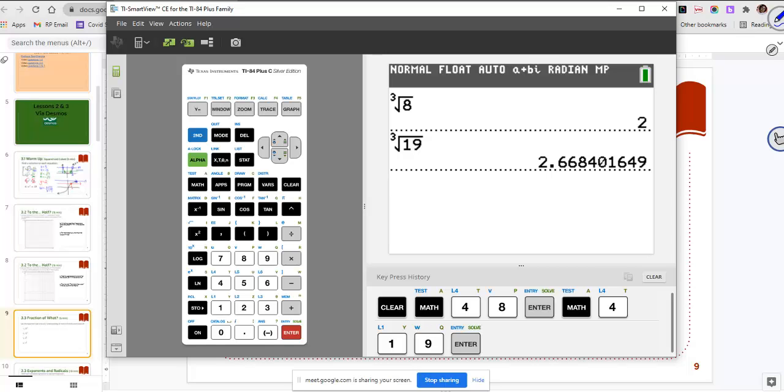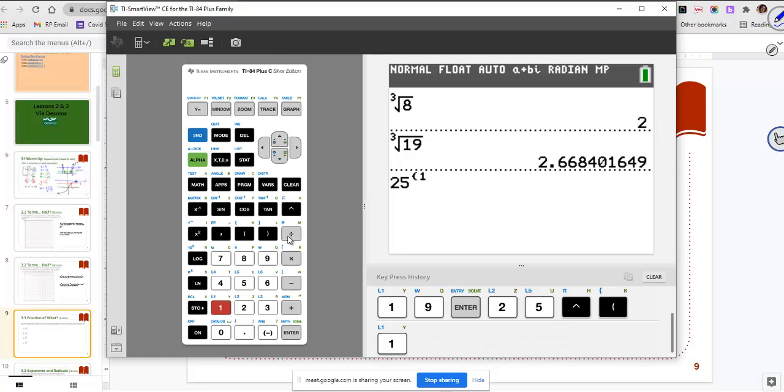What are we putting in? We're going to see what we get when we have 25 and we raise it up to the power of, and I'm going to use parentheses, you should too. Anytime you have fractions, use parentheses, please. 25 raised up to the 1/2 power.